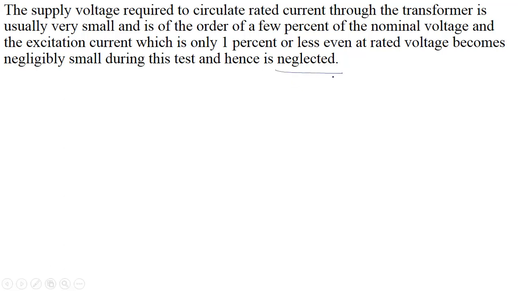It means the shunt parameters, RC and XM, can be neglected. So now we have to find the values of RE2 and XE2.